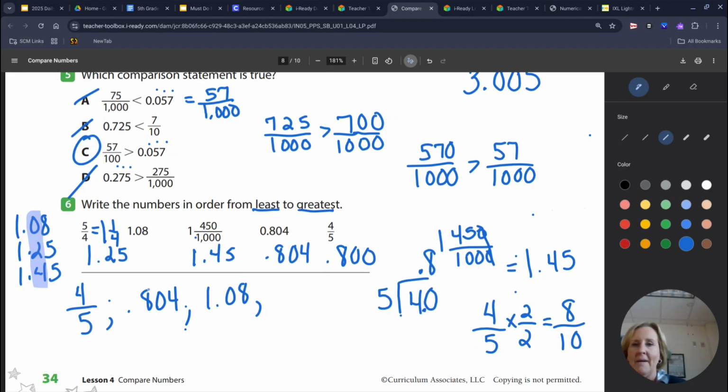Then I'm going to have 1 and 25/100, which was 5/4. And then lastly, 1 and 450 thousandths. Look at us. Ba-boom, ba-doom. We did some good math here, okay?